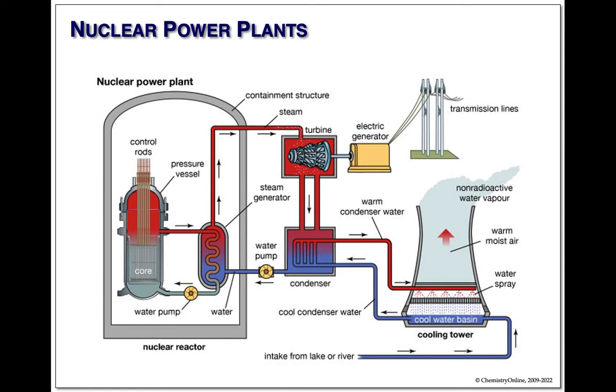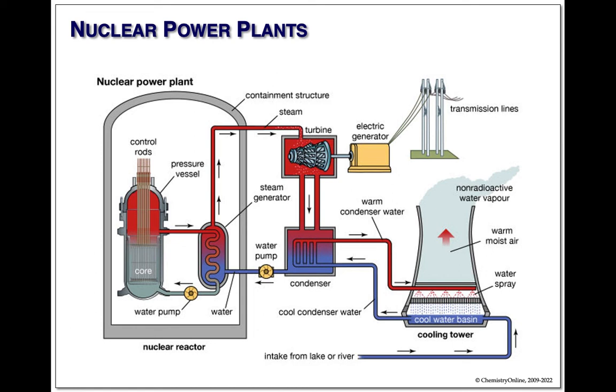Things are very hot in here. You have one closed loop here with very hot water. You have more pumps, steam. You have more pumps. These are all separate loops, so it's fine. Unless something goes wrong. Now, there are two things that could go wrong.